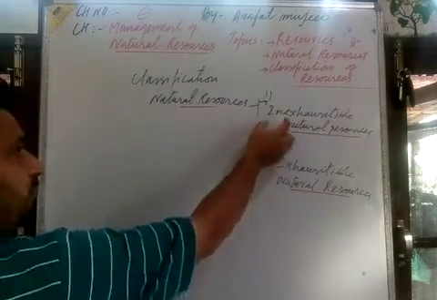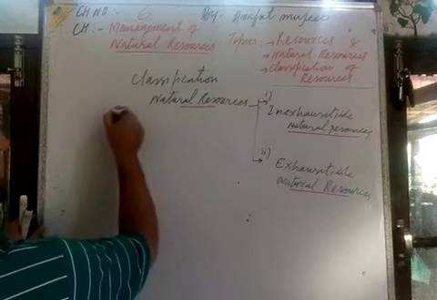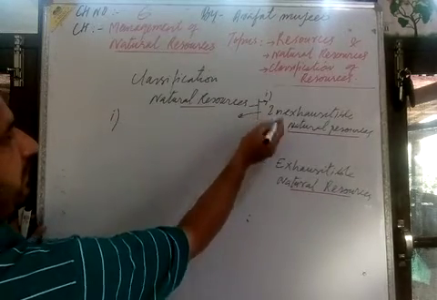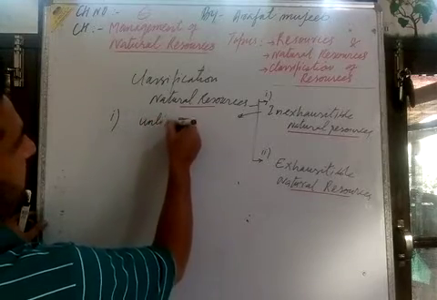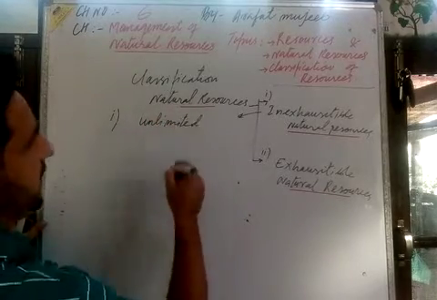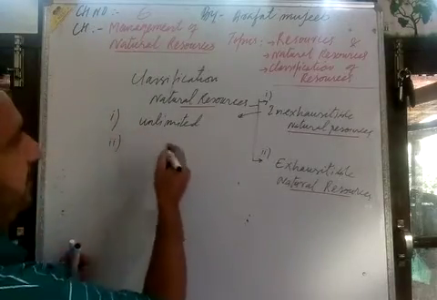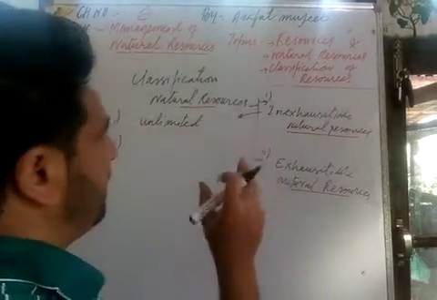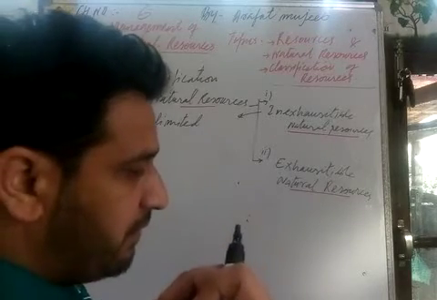Inexhaustible natural resources are unlimited. Number one, inexhaustible resources are unlimited in abundance and in availability. Second, they never exhaust, they never vanish.